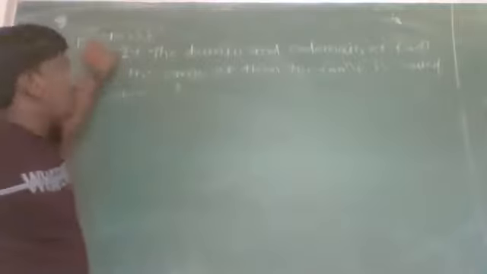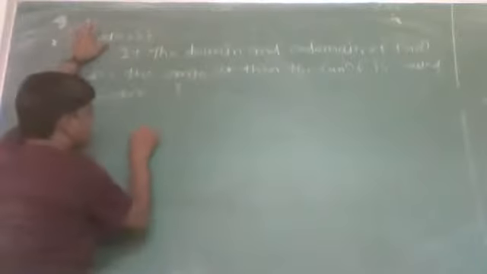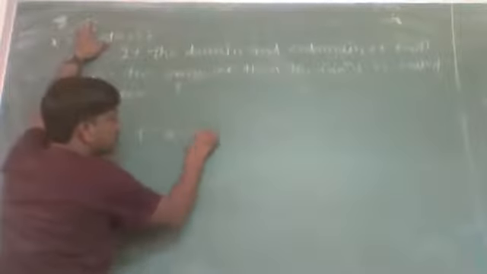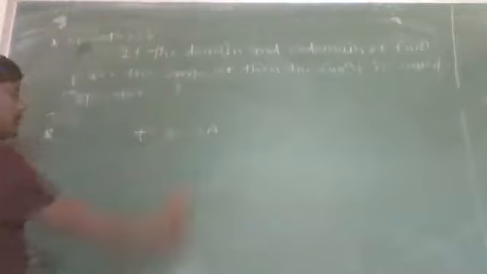So those functions which have the same domain and codomain are called operators. That is, if f is a function from set A to set A, then f is said to be an operator. Now, equality of two functions.